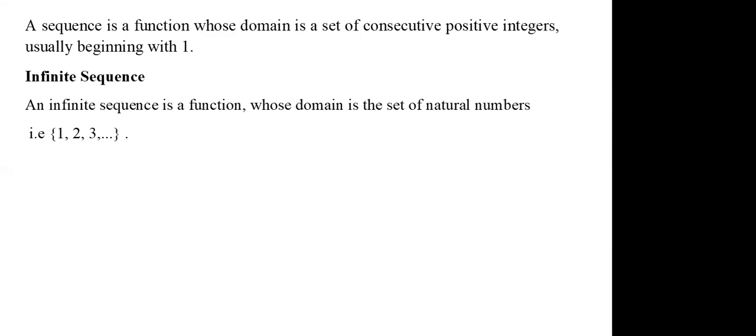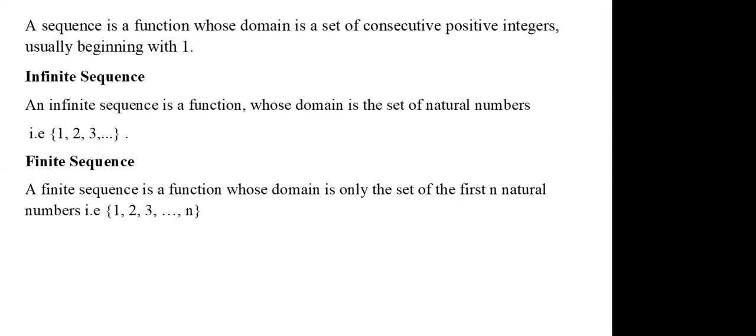But the second one is what is called a finite sequence. When you say finite sequence, then the sequence will tell you where to stop. Whenever you are given a sequence and they tell you where to stop, that sequence is finite. That is, you can count the number of terms. Let's assume I give a function, 2k plus 1, and I ask you to generate the first 5 terms of the sequence.